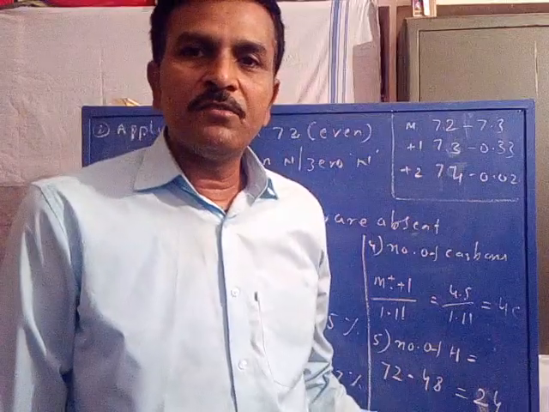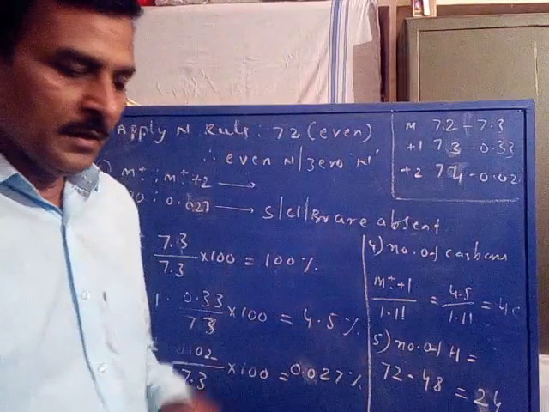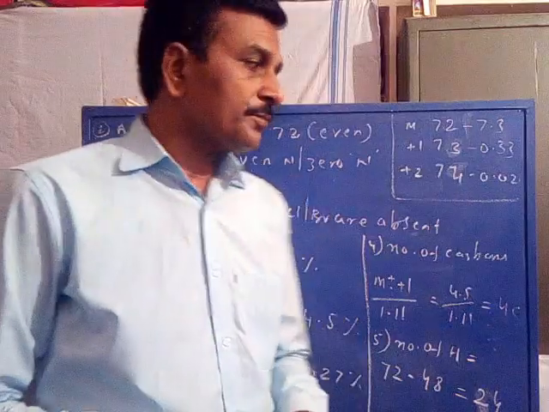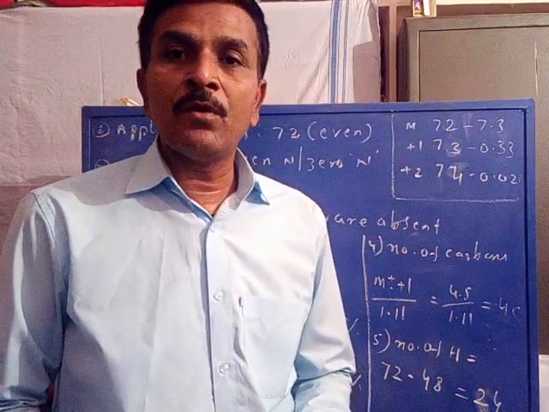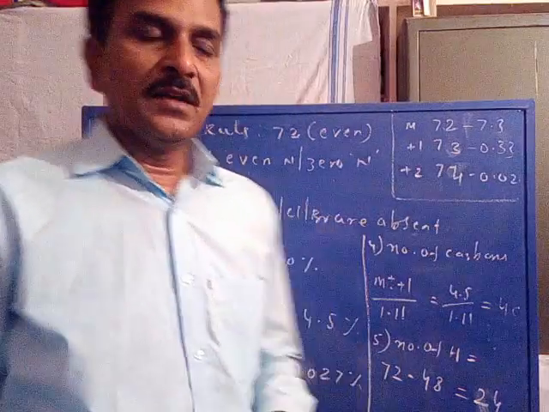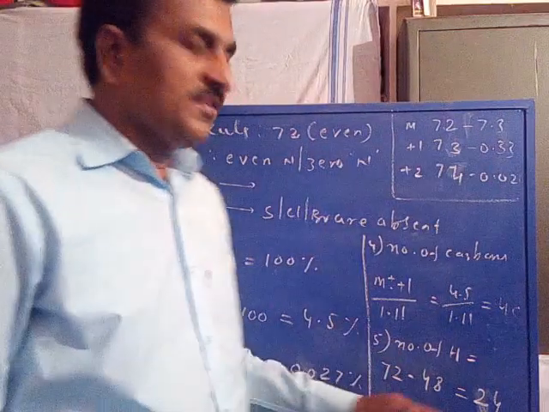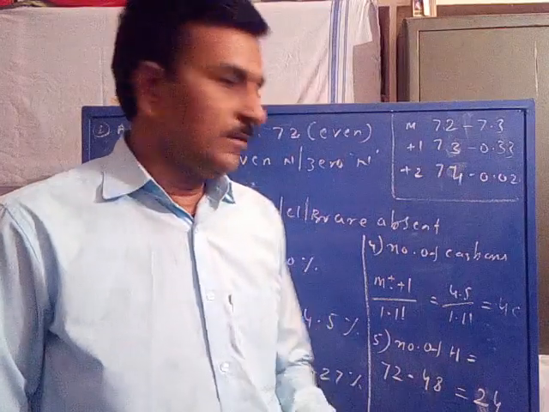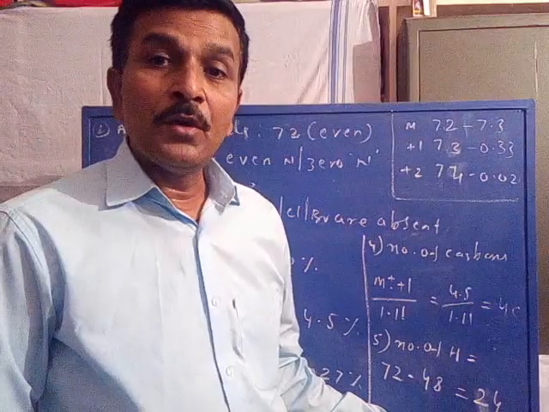The leftover mass will be 24. We discussed in yesterday's class that whenever necessary we should add an appropriate number of oxygens. Finally, the leftover mass will be 24.